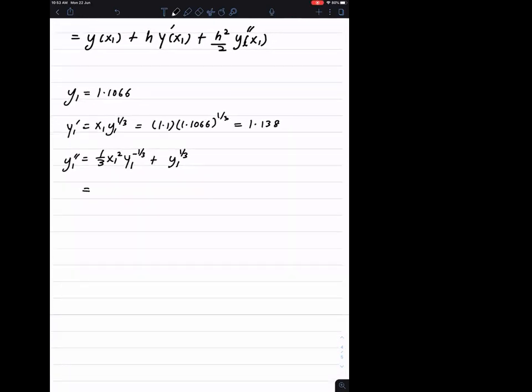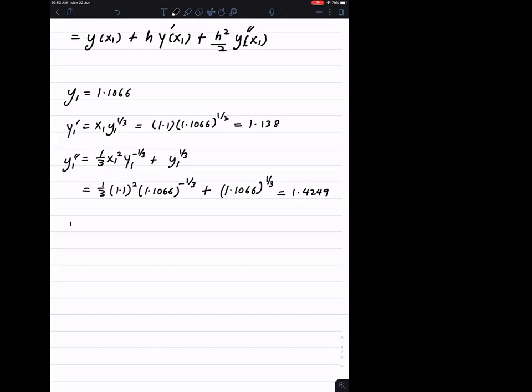We evaluate this at the x1 point, with y1 equal to 1.1066. You punch it in. You will get 1.4249.